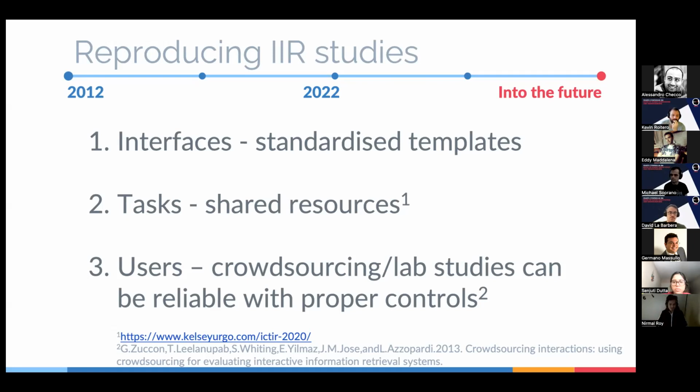So we believe that even slightly varying the interfaces might bring in confounding variables in terms of reproducing such studies with users. Also having the tasks standardized with shared resources is very important, so that we don't have to reinvent the wheel every time we go about doing these studies. And this also helps us have a nice baseline, let's say.